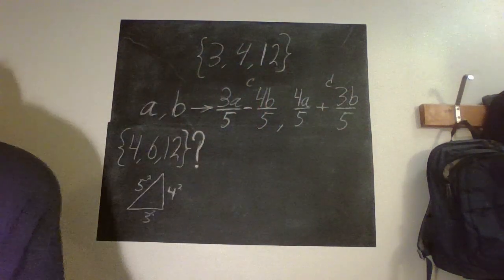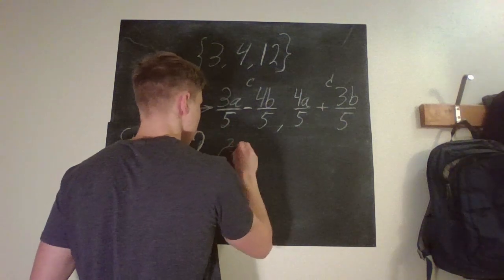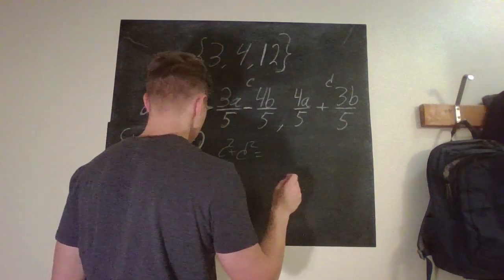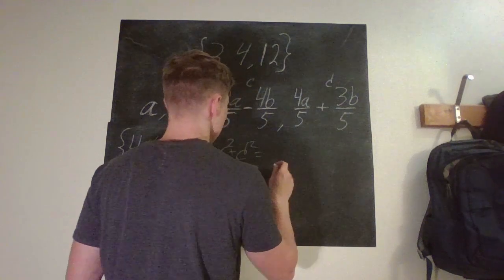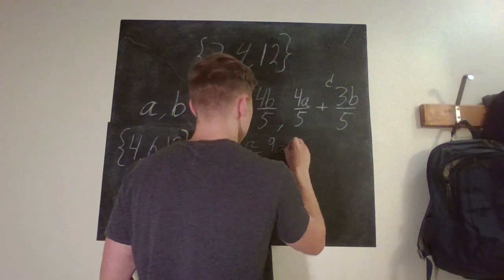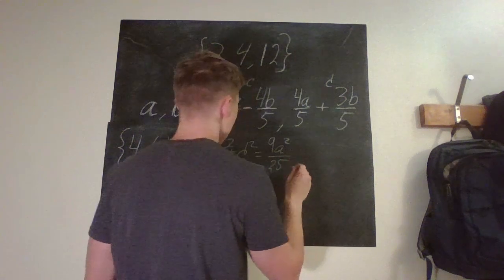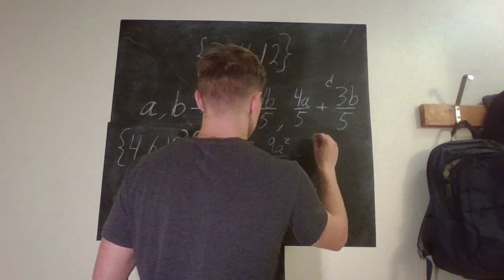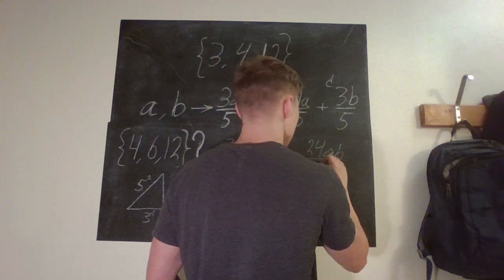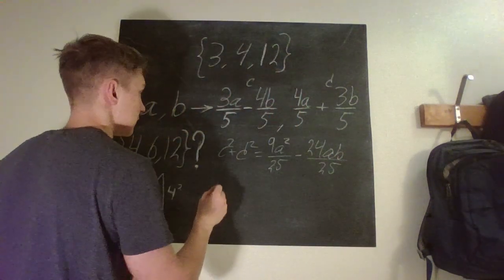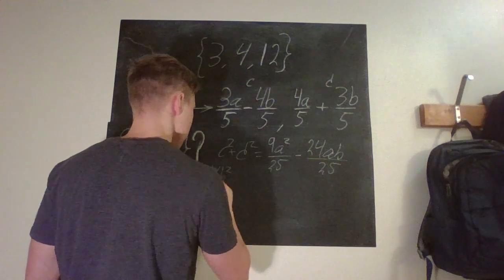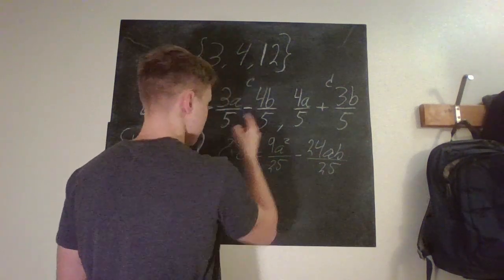Then we get that C squared plus D squared is equal to 9A squared over 25, minus 24AB over 25, plus 16B squared over 25. That was the first square.